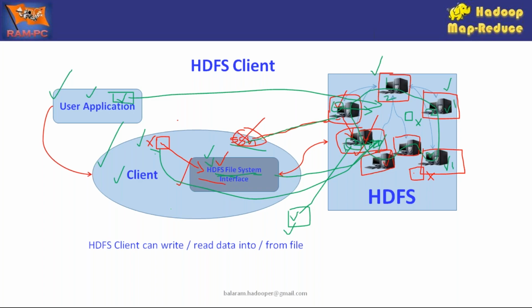These two operations are allowed for the client, also with the permission of the name node. Another point is that it is a single writer multiple reader model. One user will write, and a number of users can read. Am I correct?